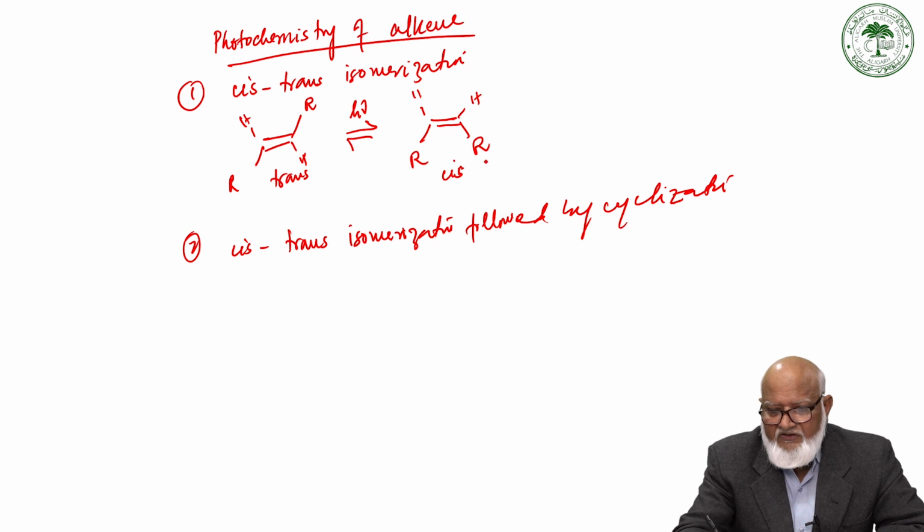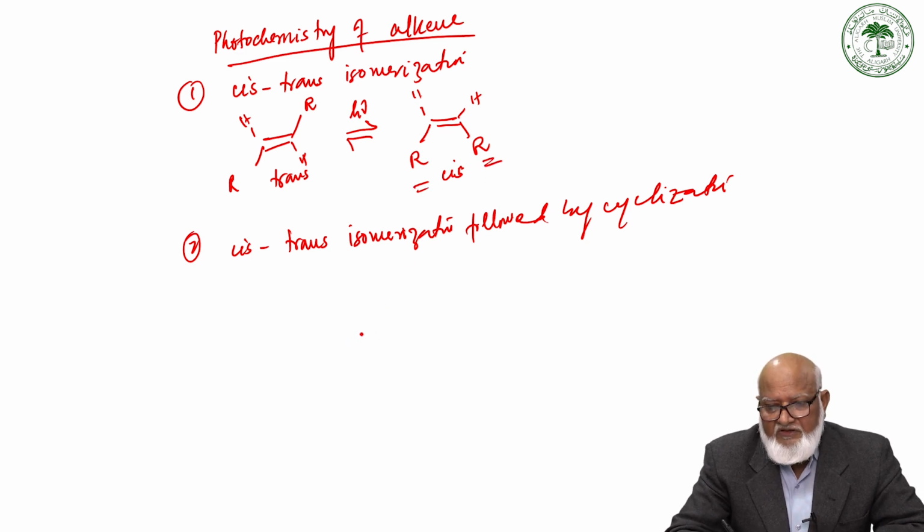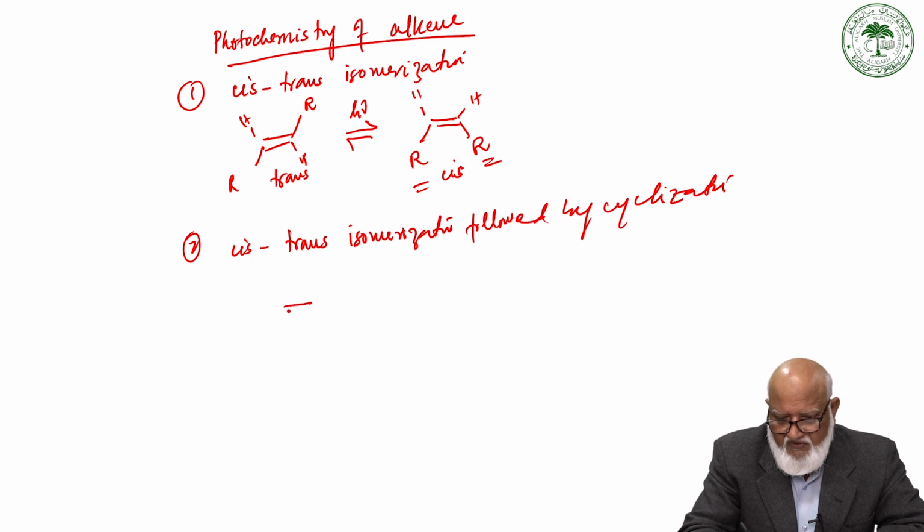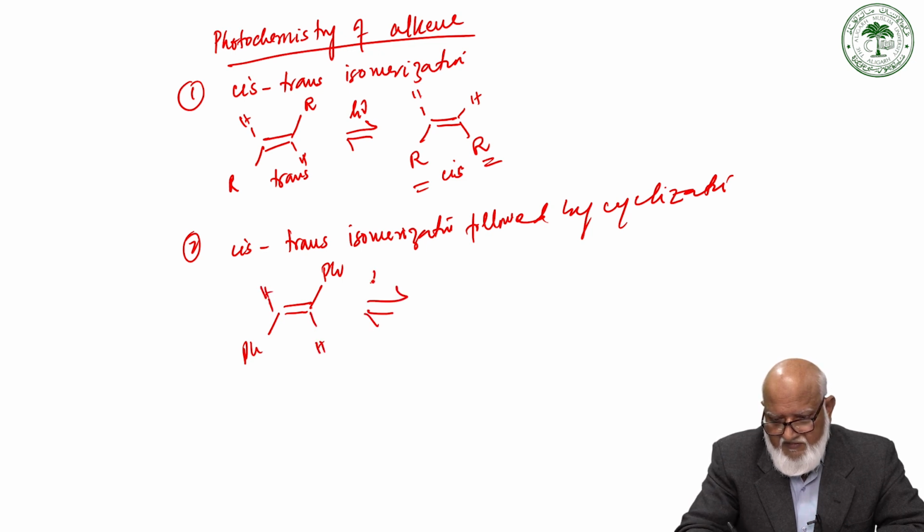So if the substituents at the cis position are nicely set, then it may also undergo photochemical 6 pi electron cyclization. So if we have a system of, say, trans-stilbene, h nu goes to cis-stilbene.